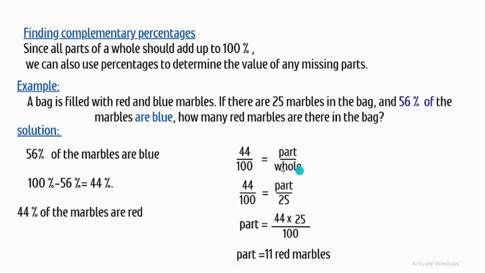Part to whole equals percent to 100. Now I have the whole, which equals 25, so I can get the part. I will use cross multiplication: 25 times 44 over 100 gives the part. So the part equals 11 red marbles.